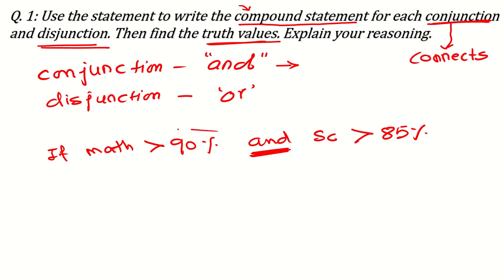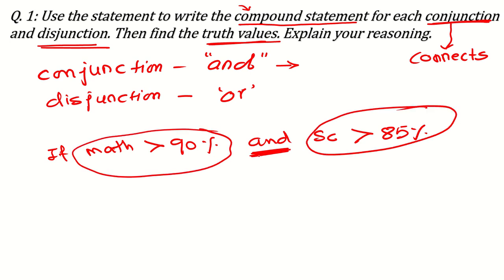It means this is the one statement and this is the another statement. Okay, so when will you get the admission? When both conditions are true, only then you will get the admission. So what you can see here, that conjunction is true when both the statements are true, only then conjunction will be true. Okay, I am sure you understand this example.